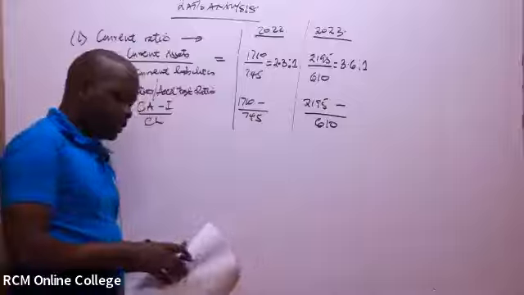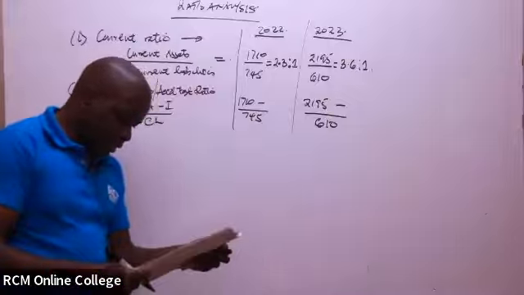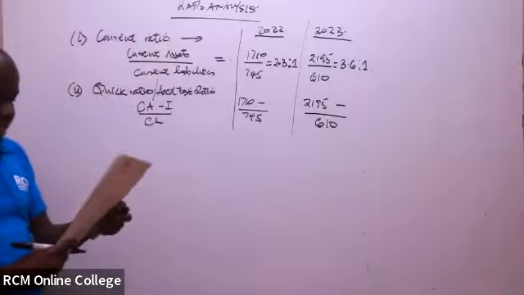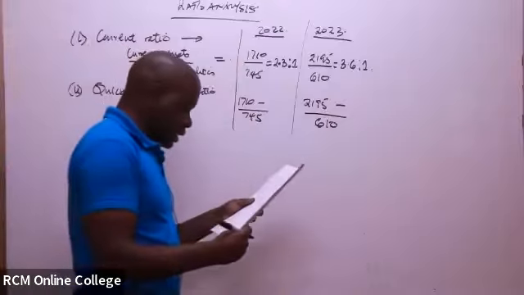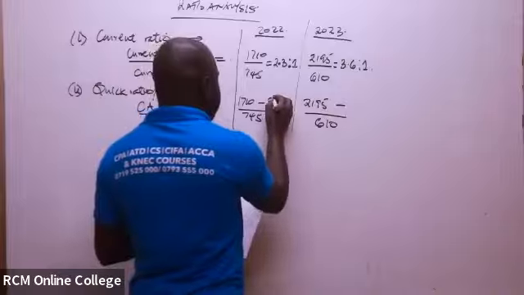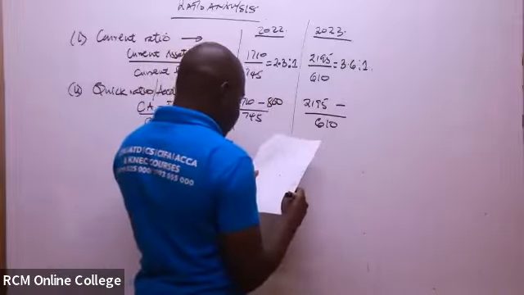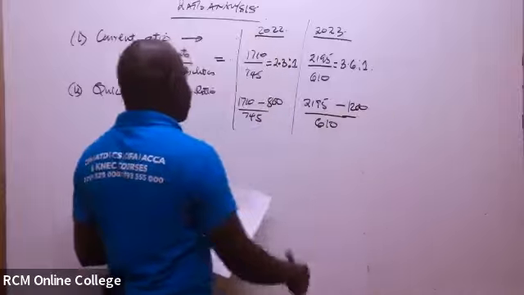So we need to identify what is the value of inventory in our statement of financial position. For 2022, it is 800, and for the other year, this one is 1200. So you can do the computation.